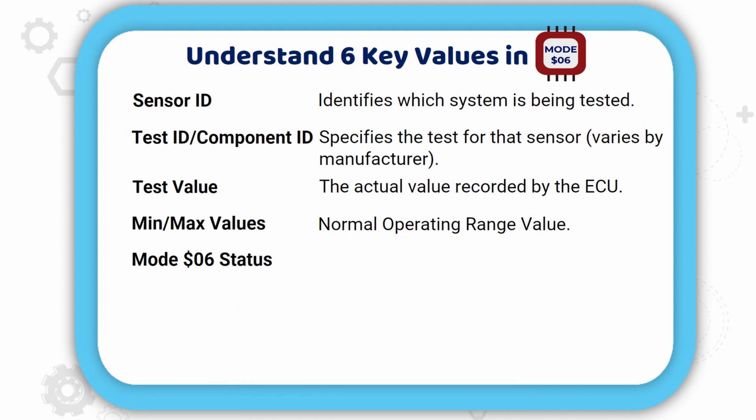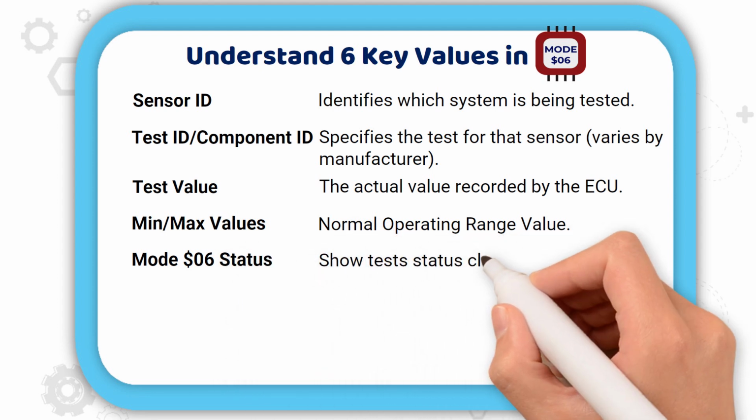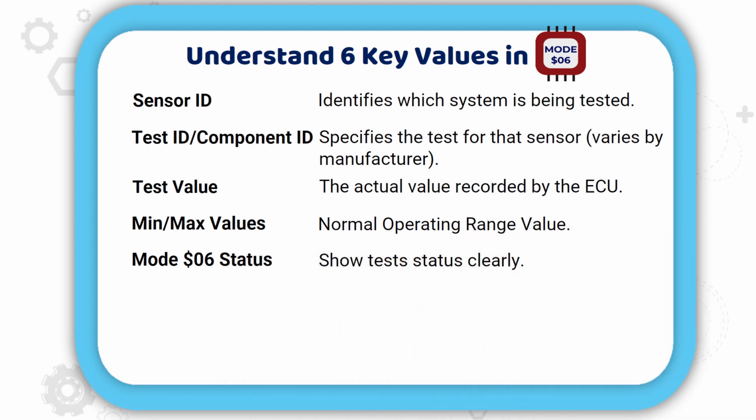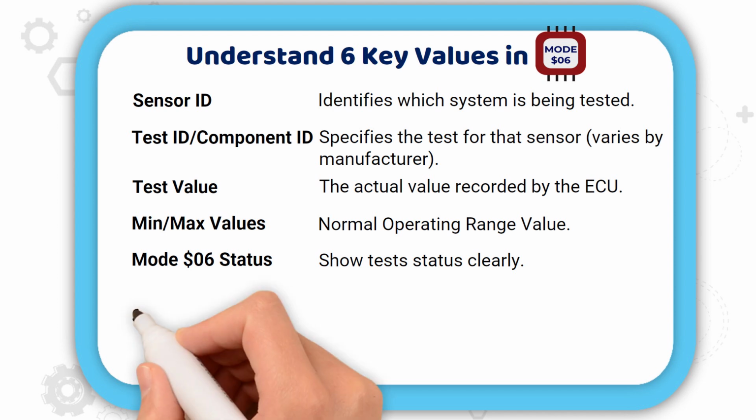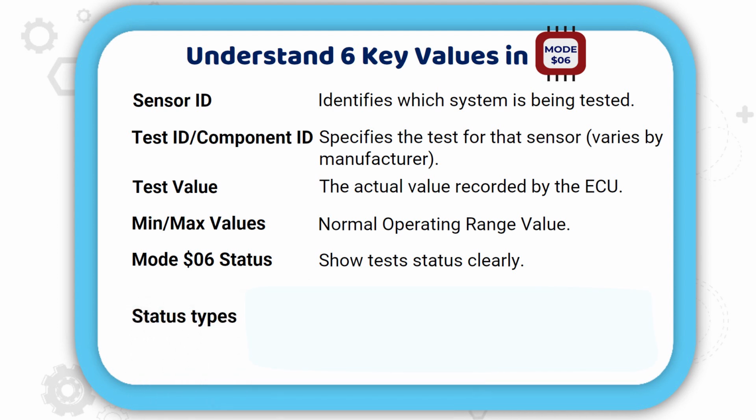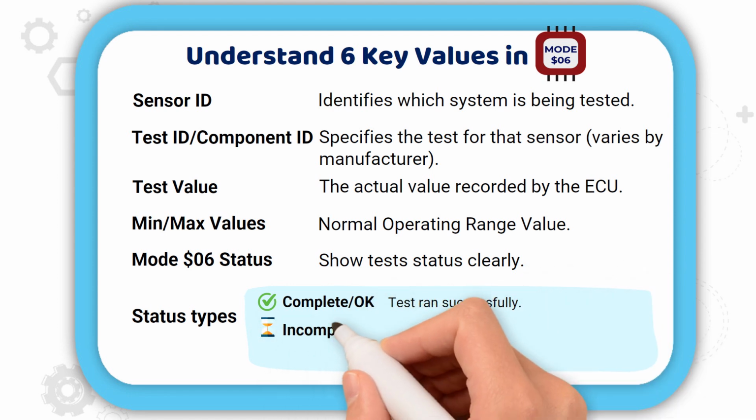Mode 6 status provides the status of the test for the component ID, offering more descriptive and complete information, making it easier to read and interpret, especially for less experienced users. The new status feature adds clarity by telling you the current state of each test. Complete or OK: the test has already been performed and the results are reliable.